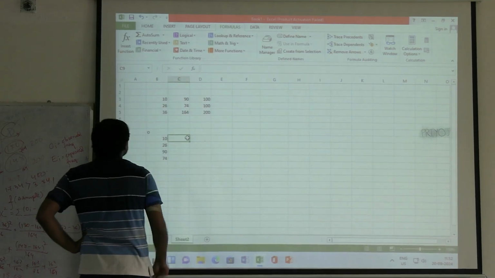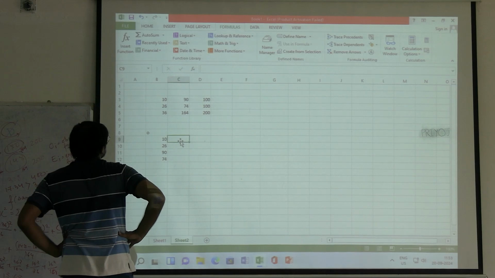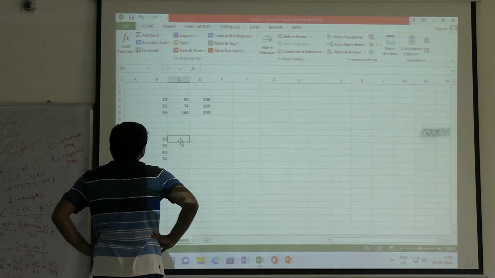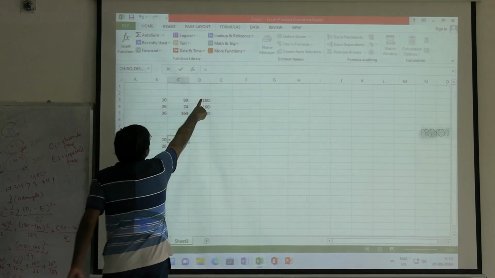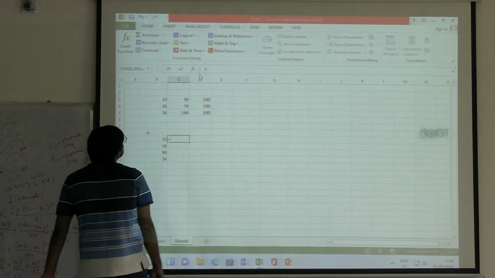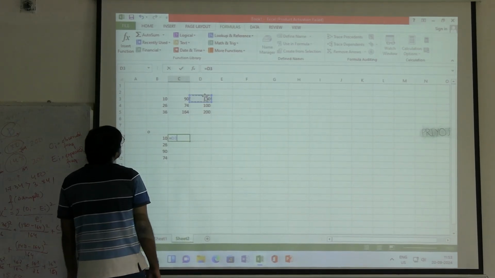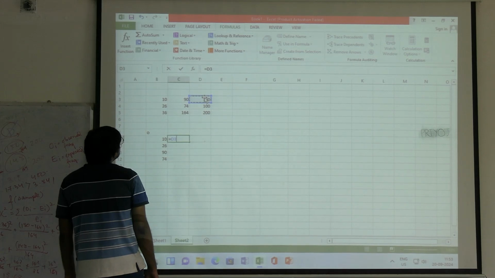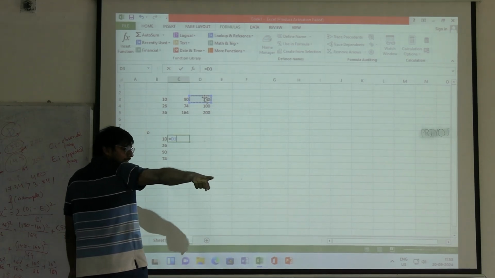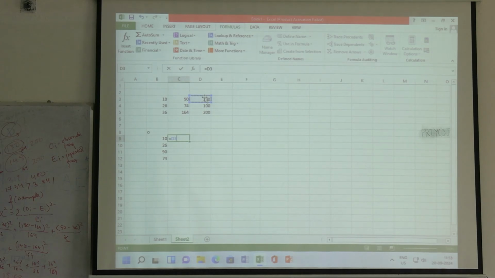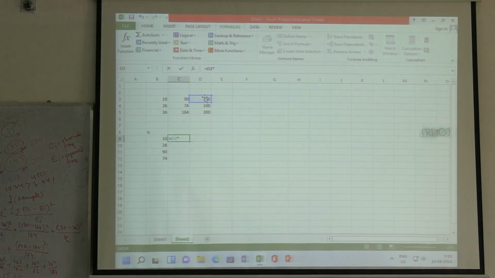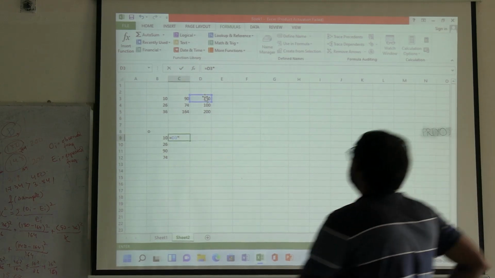Do the expected ones. Is equal to. This is not how you write it. Click on this. There is a multiplication sign over at this side. What is the row total here, column total here?